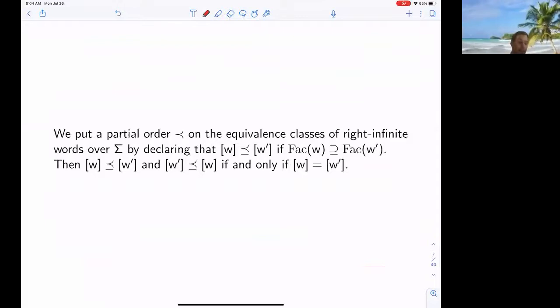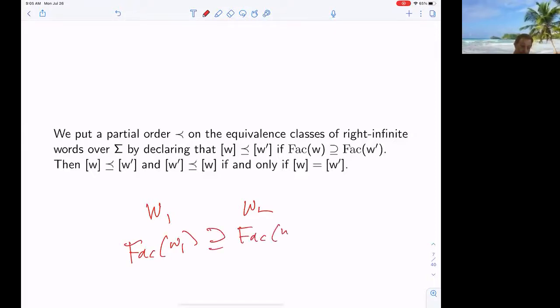And now we're going to put a partial order on our equivalence classes. If we have two words, W1 and W2, and the set of factors of W1 contains the set of factors of W2, so every factor of W2 is also a factor of W1, then we're going to say that W1 is less than or equal to W2.